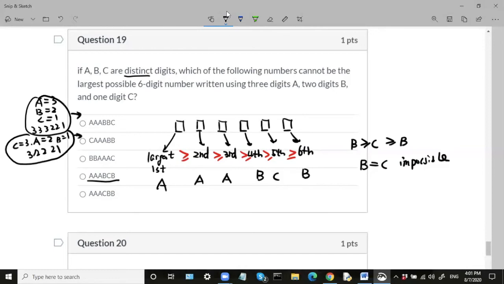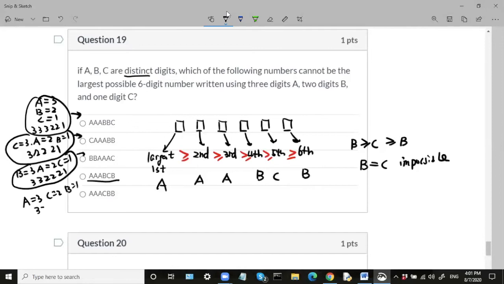For BBAAAC, we can let B equal 3, A equal 2, C equal 1. So our number is 3, 3, 2, 2, 2, 1. So this is also the largest 6-digit number. For the last one, we can let A equal 3, C equal 2, and B equal 1.